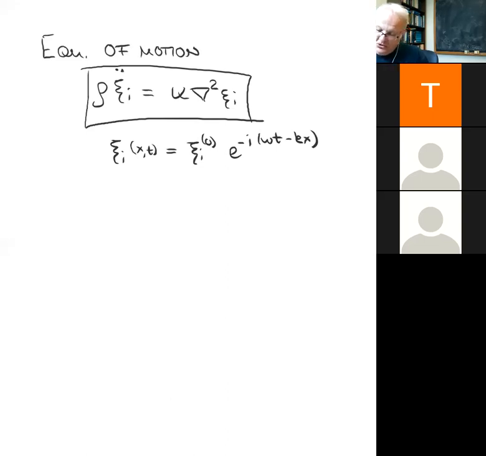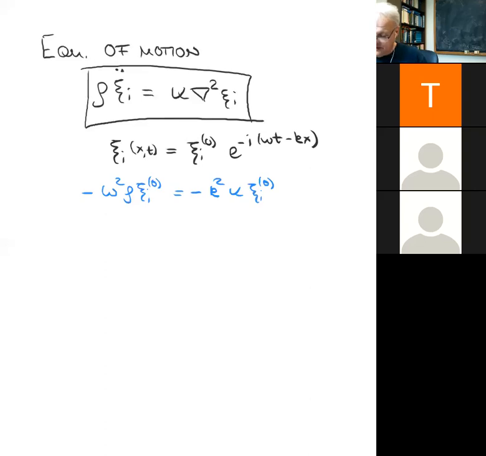If you take 2 time derivatives on one side, this will just bring down a factor of minus omega squared. So you get minus omega squared rho psi naught is equal to, and if you take 2 spatial derivatives, again, that brings down a factor of minus, so it's minus k squared kappa psi naught.